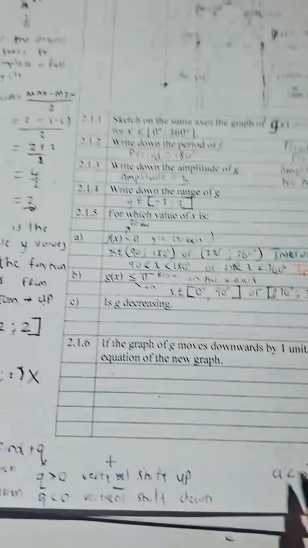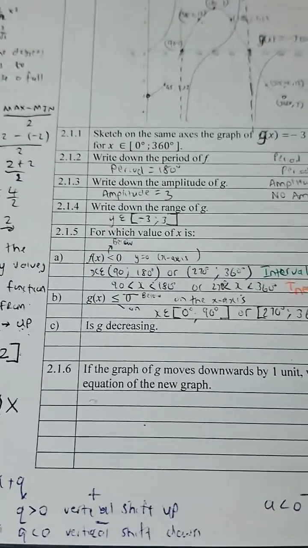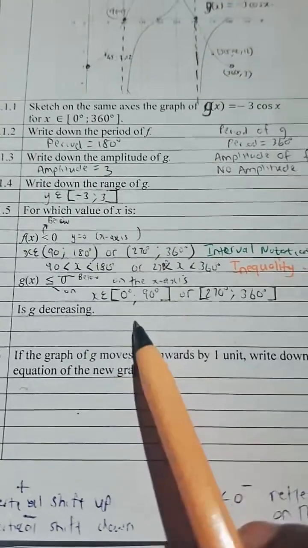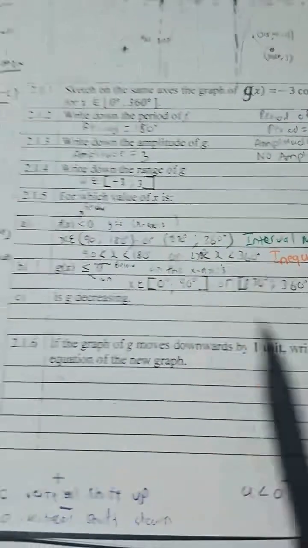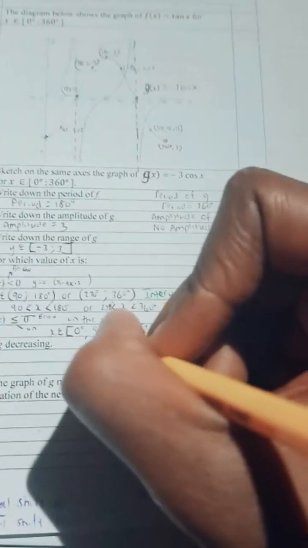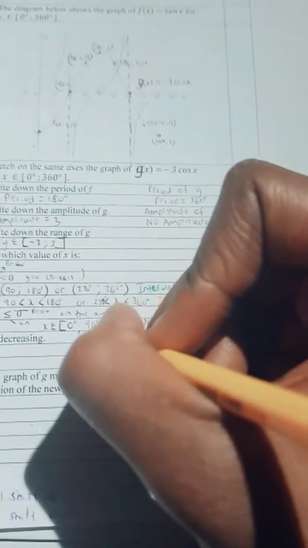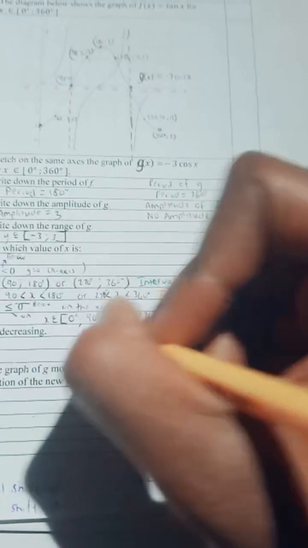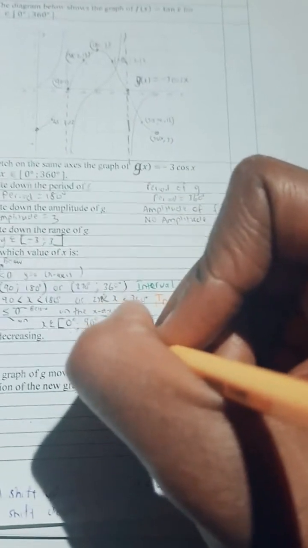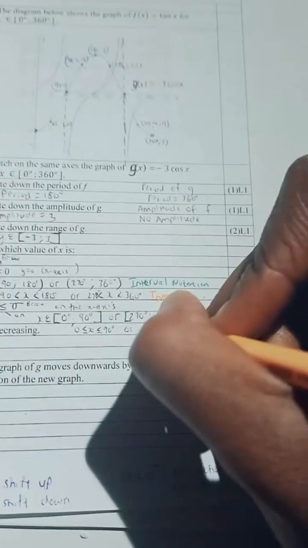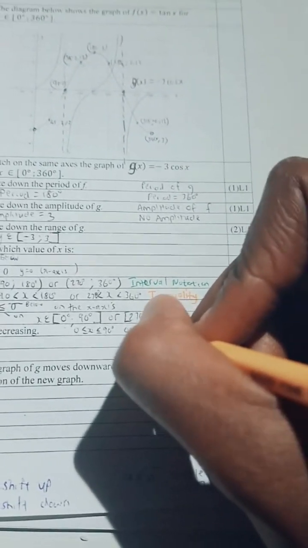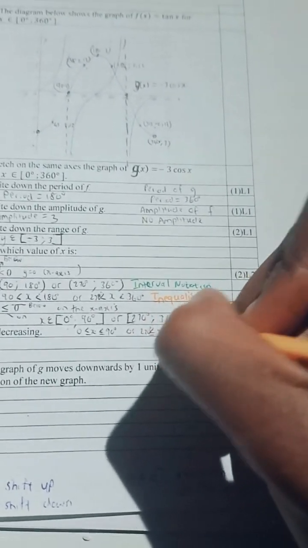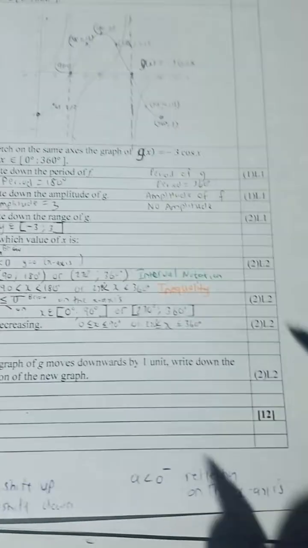Okay. Now we know that Vienna doesn't particularly like this way of writing the answer. So to accommodate Vienna, Vienna could say x is greater than or equal to 0, but less than or equal to 90, or x is greater than or equal to 270, but less than or equal to 360.